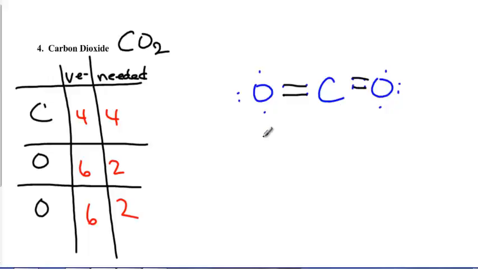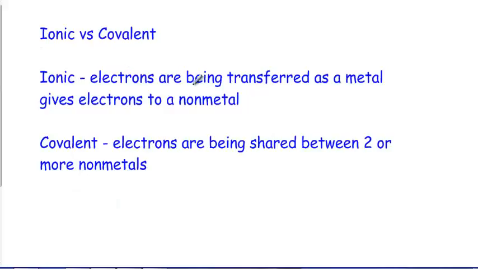Now that you've done both ionic and covalent, let's mix them up and figure out how they look different. First of all, how will you know if it's ionic or covalent? Well, don't forget, ionic is going to have both a metal with a nonmetal.